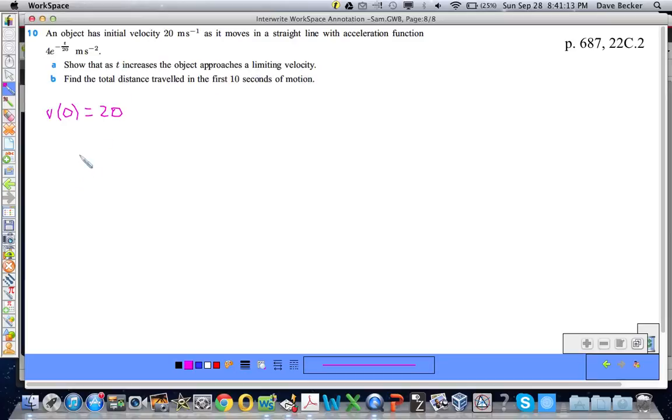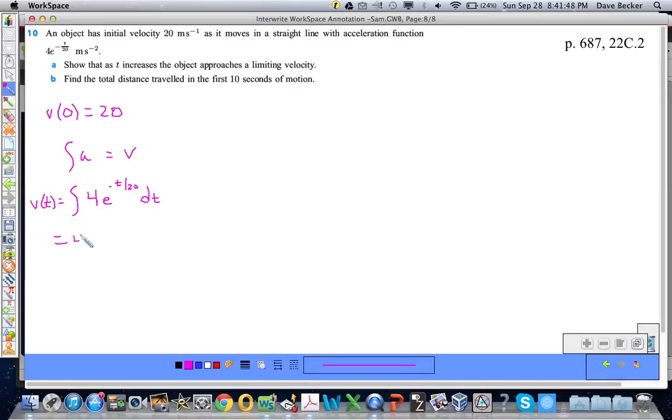So I've got to find a function for velocity. The integral of acceleration gives me velocity, so I'm going to take the integral of the acceleration function. v of t is going to equal the integral of 4e to the negative t over 20 dt. That's of the form e to the ax plus b, where b is 0, so that's an easy integral.